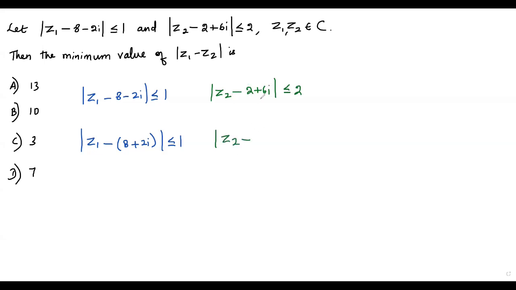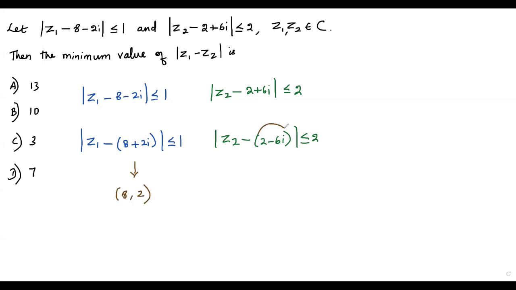When I do that, I get |Z2 − (2 − 6i)| ≤ 2. Again, here we find the difference between two complex numbers and take the absolute value. This gives the distance between the complex number Z2 and 2 − 6i, and this distance can be equal to 2 or less than 2. That is, the maximum distance between these two complex numbers is 2. Also, the point corresponding to the complex number 8 + 2i is (8, 2). Let me write it over here.